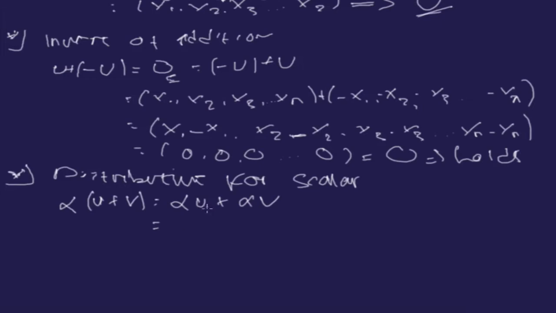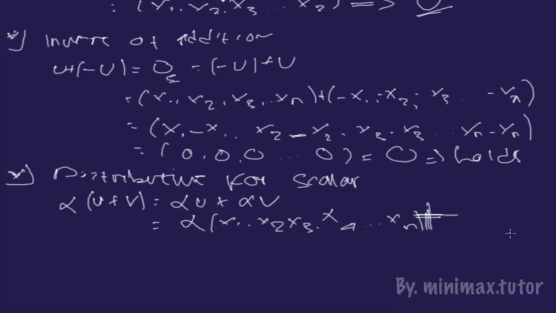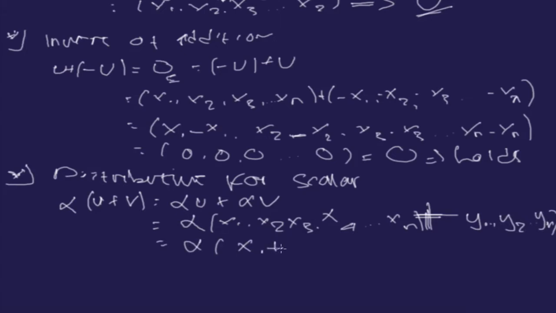So we can say alpha times (x1, x2, x3, x4, up to xn) plus (y1, y2, y3, and yn), or you can put them together: x1 plus y1, x2 plus y2, x3 plus y3, and so on up to xn plus yn.